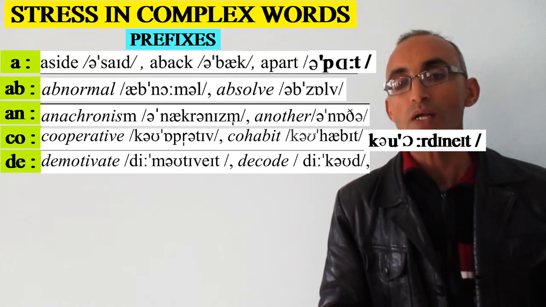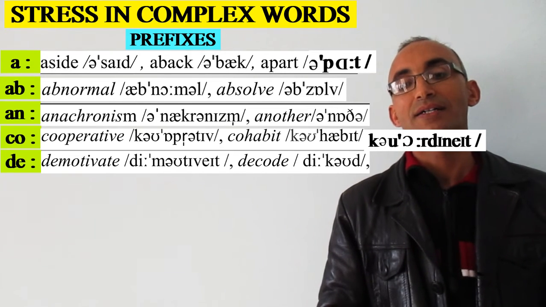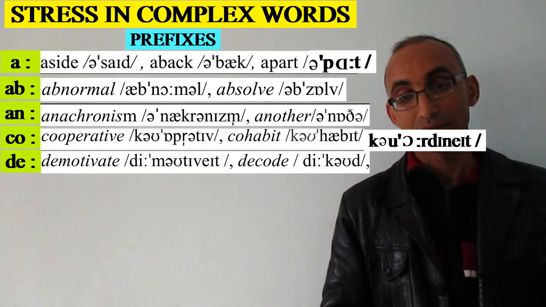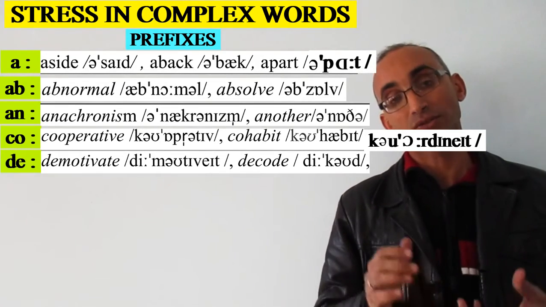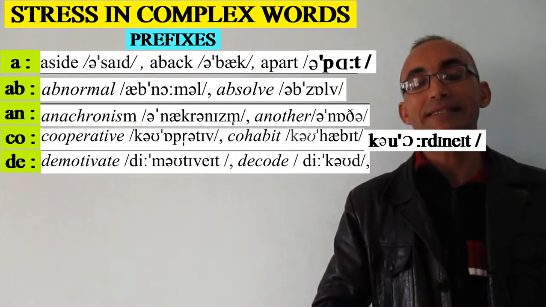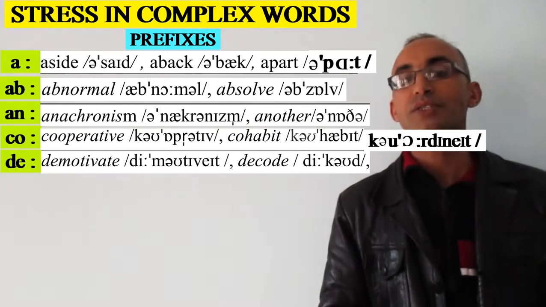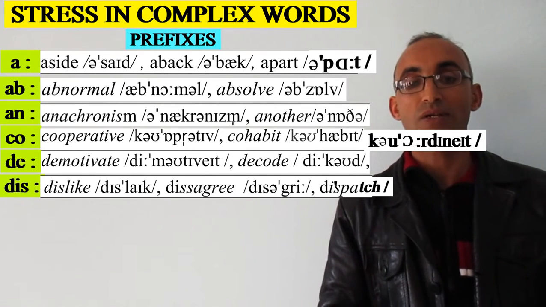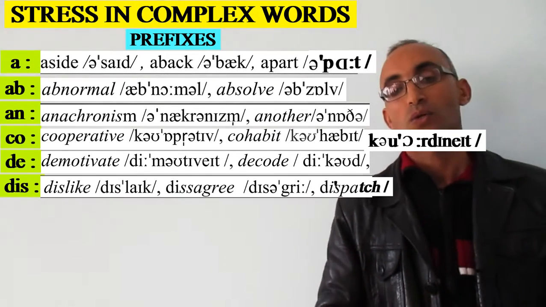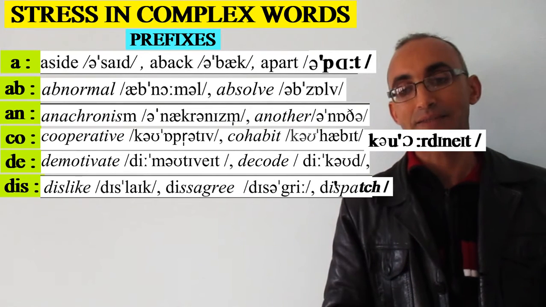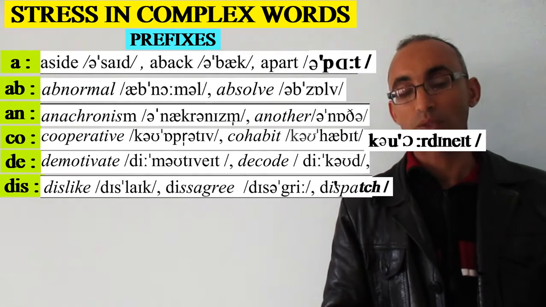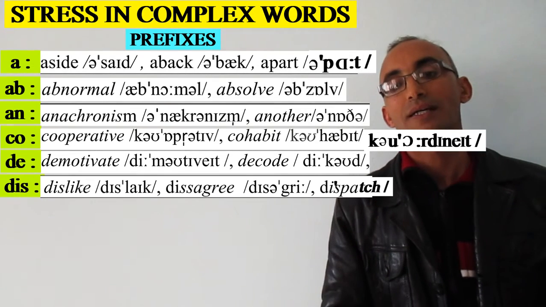Good. Also, I have the word decode. De also is neutral, and code is stressed, as usual. Also, we have dislike. The prefix dis is also neutral, like in dislike, we stress like, not dis. Also, disagree. So here also dis is neutral.